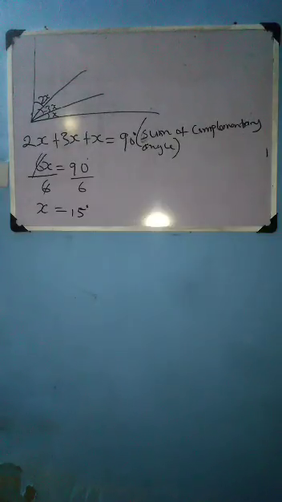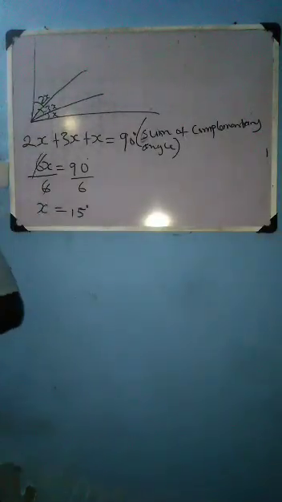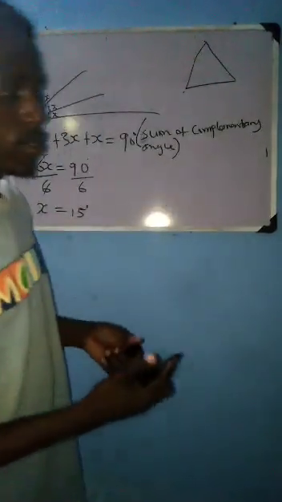Geometry is sweet. It's simple. So when next we come, we're going to consider other examples, and probably we're going to enter into triangles. I will give a little teaser. In triangles, we have three sides, and we have different kinds of triangles.